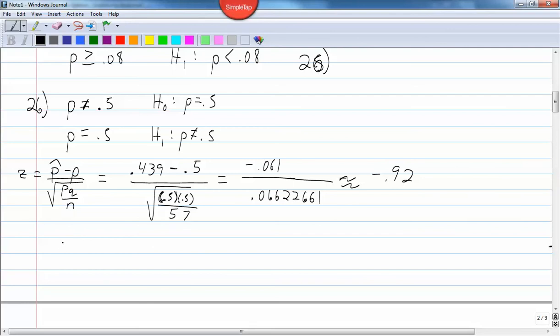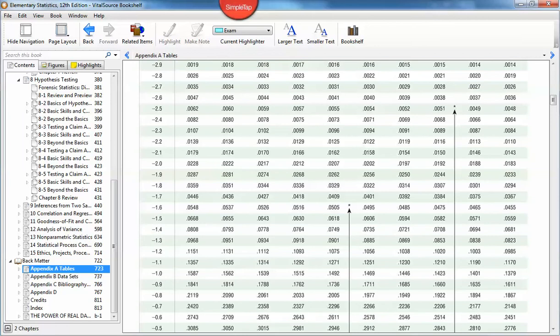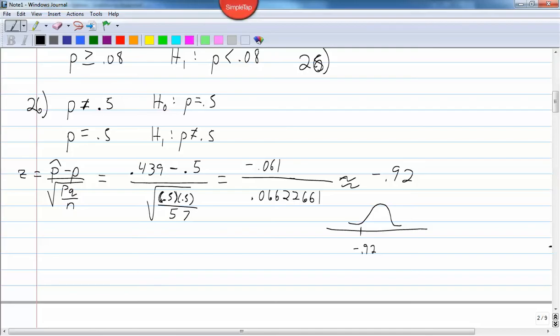Okay, so we had a test statistic of negative 0.92, and under the curve at that test statistic, we had 0.1788. Alright, and according to that chart, we have to say 2 times that.